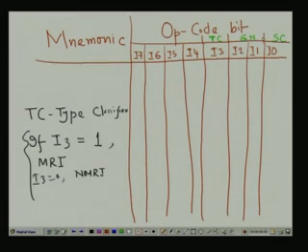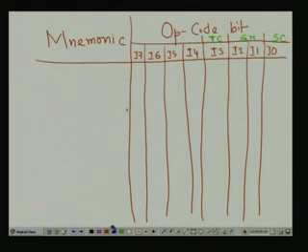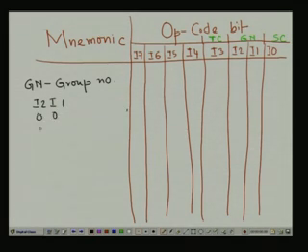Now, GN is the group number within a type, and it has two bits I2, I1. So, I2, I1 can take 4 values 0 0, 0 1, 1 0, 1 1.